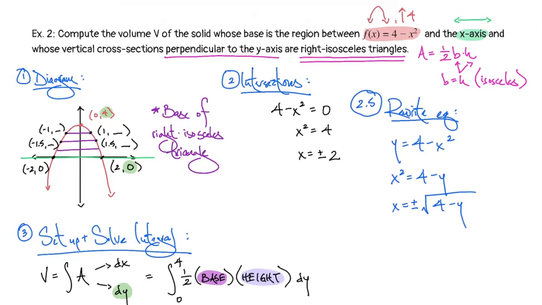In fact, the positive square root of 4 minus y corresponds to the right half of this parabola, and the negative square root of 4 minus y corresponds to the left half. And so by remembering that plus minus, we actually have our right curve and our left curve. Okay.